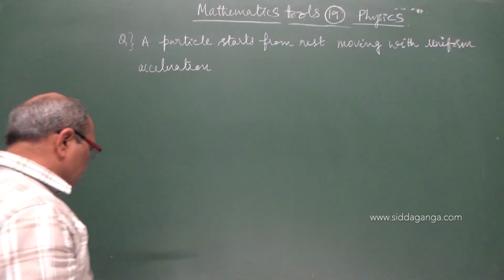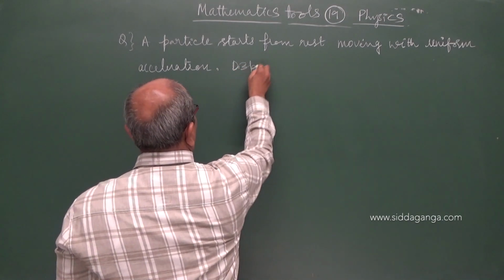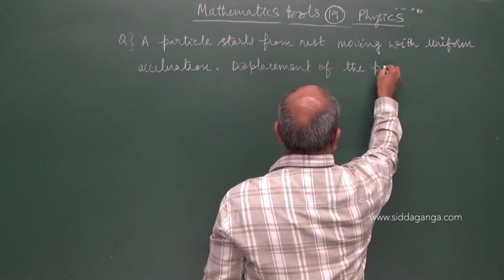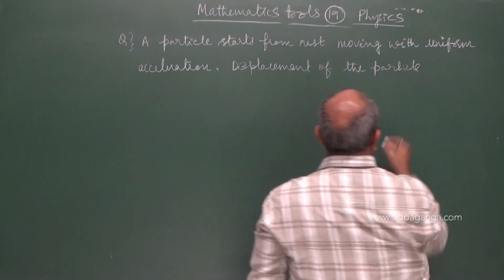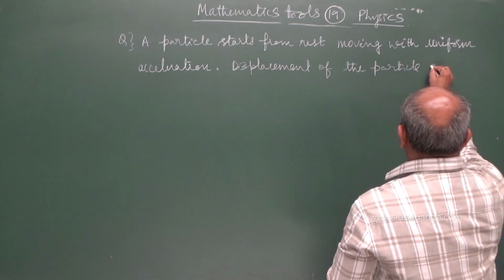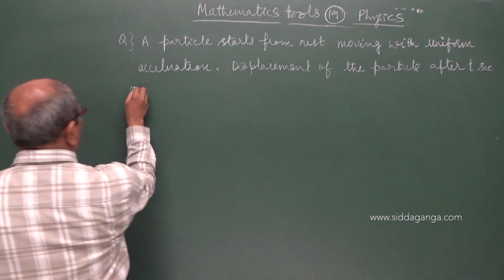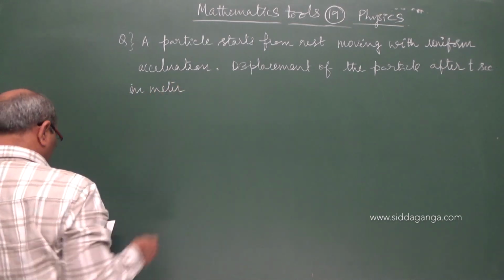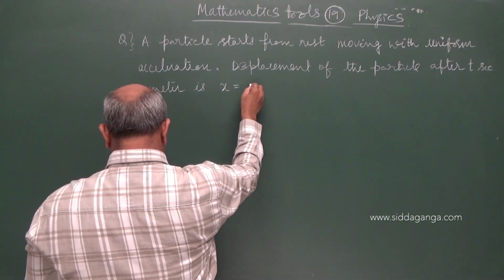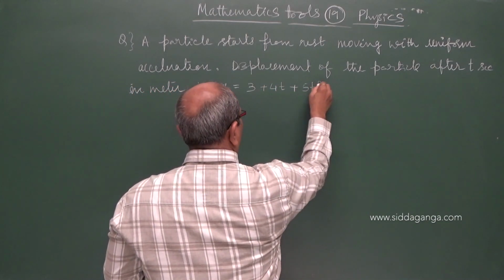The displacement of the particle after t seconds, in meters, is x equal to 3 plus 4t plus 5t square.